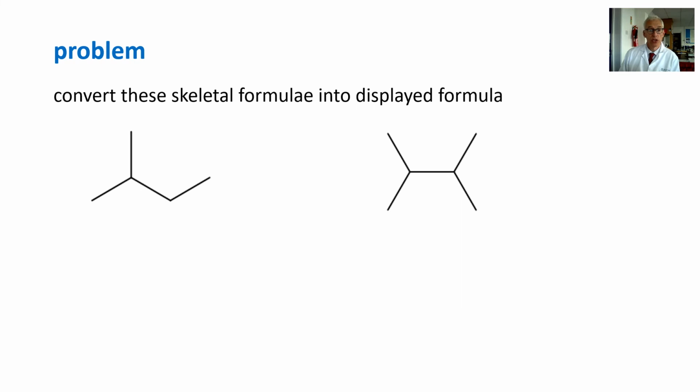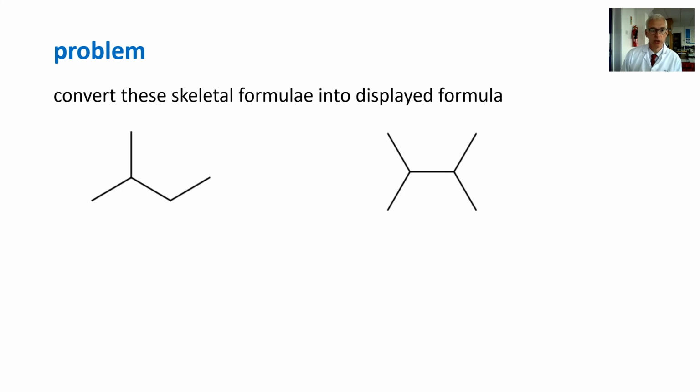Okay, so to consolidate on skeletal formulae, convert these 2 skeletal formulae into displayed formulae. Pause the video, draw your displayed, and then check your answers against mine. Okay, so when we're drawing skeletal formulae, we don't draw carbons, we don't draw hydrogens, we don't draw carbon-hydrogen bonds.